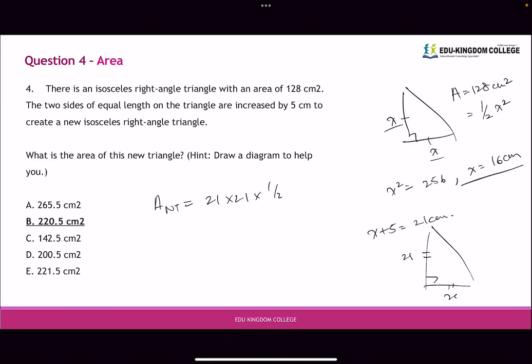So 21 times 20 is 420, and 21 times 1 is 21, so 441 times half equals 220.5 centimeters squared. Happy days, we have solved that.